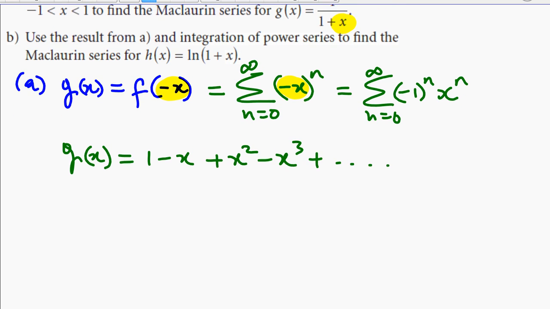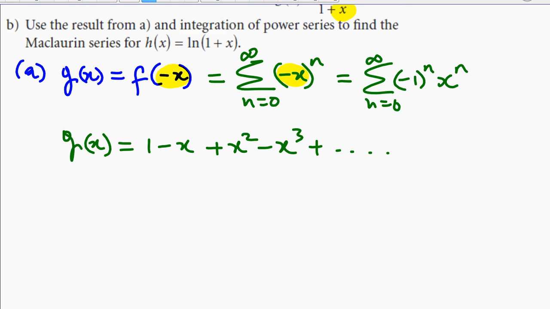Part B, we're required to use the result from A and the integration of power series to find the Maclaurin series for h of x.